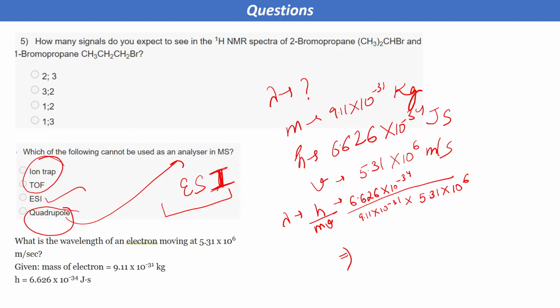So the wavelength comes out to be 1.37 Angstrom.